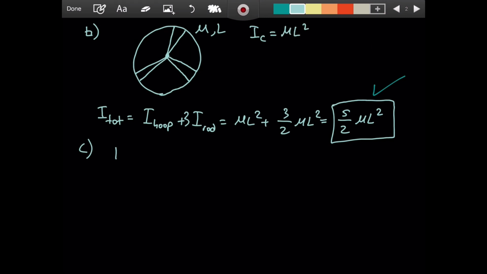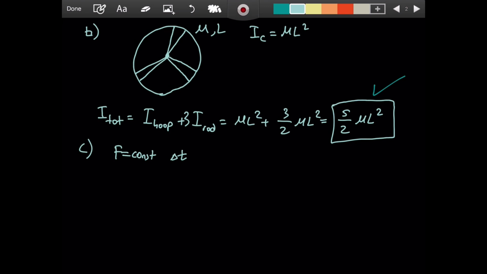So we have some force which is constant, and we have a time interval delta t. We're asked to derive an expression for the final angular speed omega of the hoop rod system. Express your answer in terms of m, L, F, and delta t, and possibly any physical constant as appropriate.